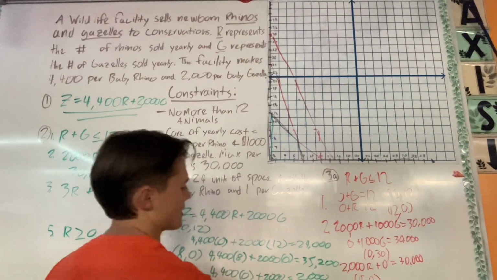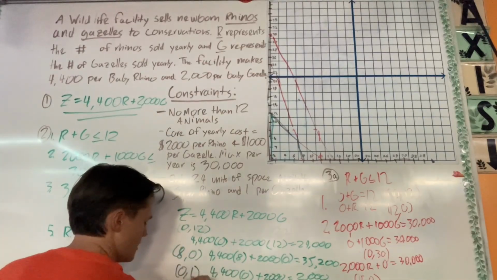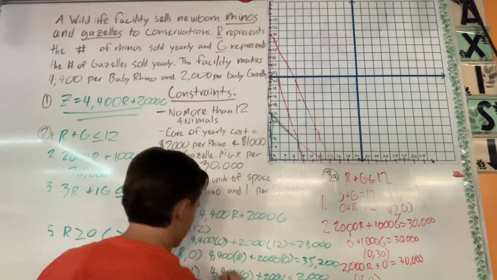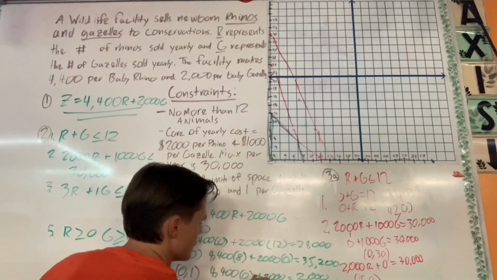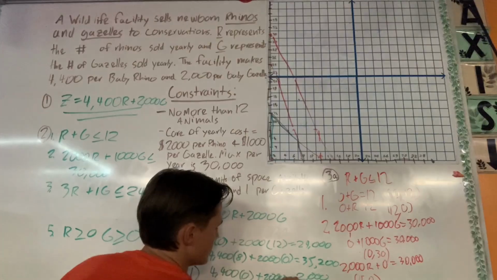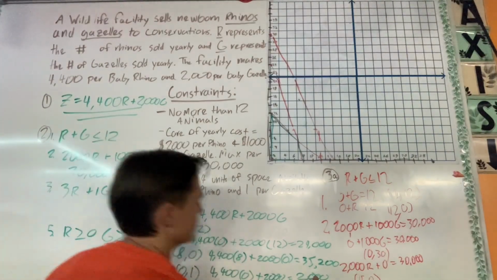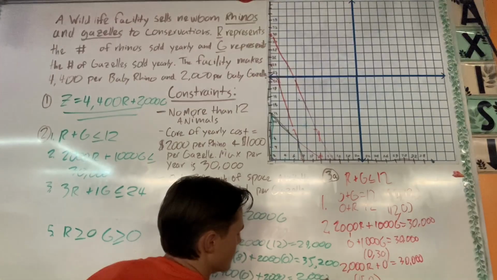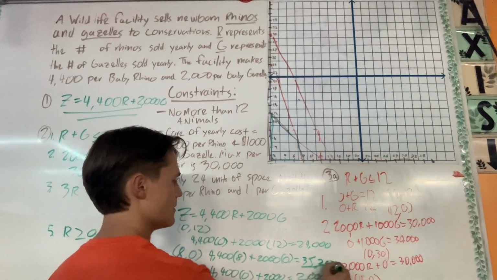So obviously that's not going to be as much as the other 2 variables. All right, then we're going to take the same thing, vice versa. 1, 0. Run out of room here. 4,400 times 1 plus 2,000 times 0, which is just cancel this out, is equal to 4,400.